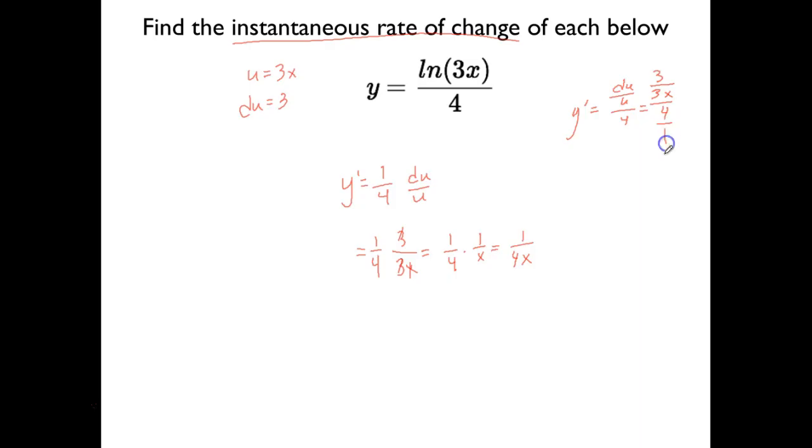If you want to use the sandwich method, you put the 4 over 1. 3 times 1 is our new numerator, and 3x times 4 would be 12x, which simplifies to 1 over 4x. Whichever way you want to think about it, the first method being the way that I do it, the second being another way you could think about it, is more than fine. Just make sure you get the same answer.